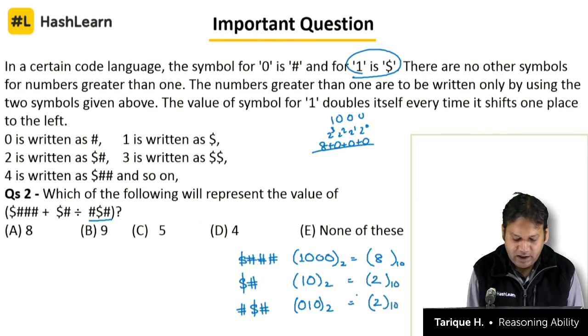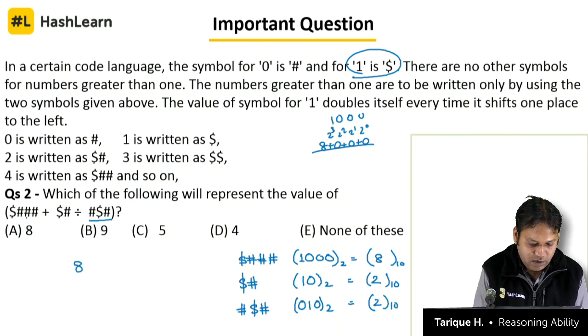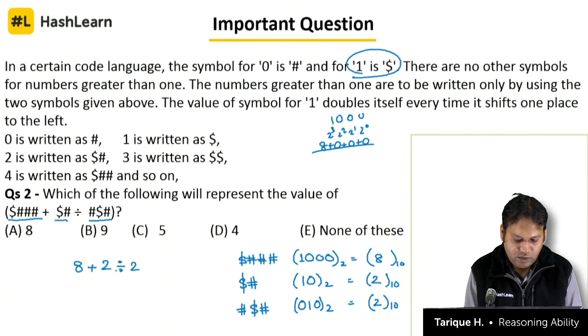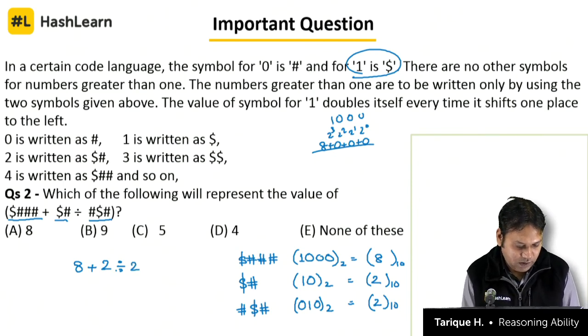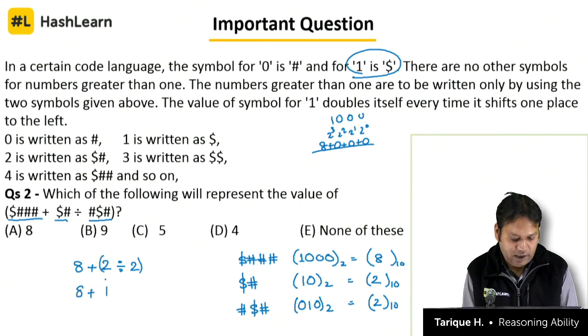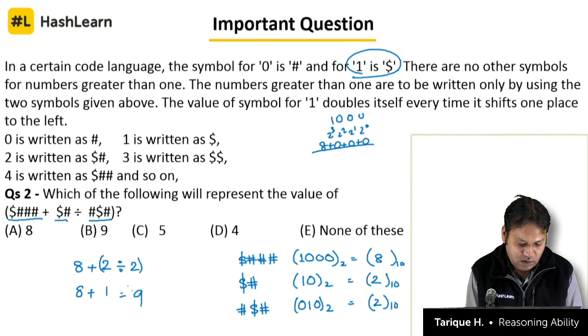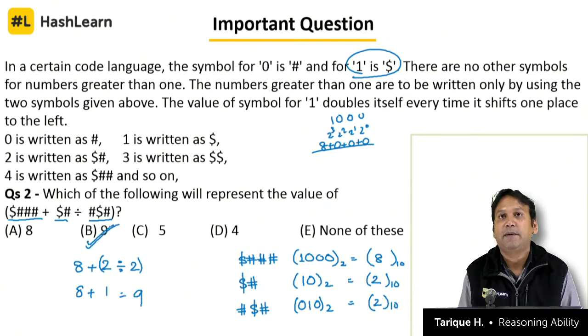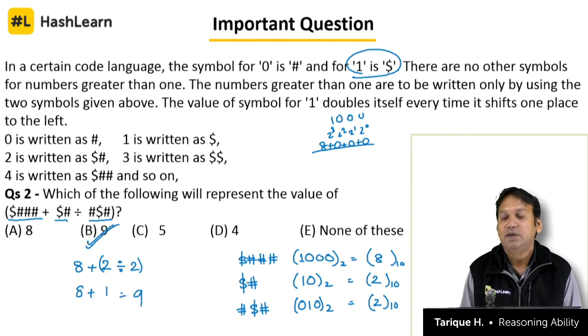So what we are getting here is 8 plus 2 divided by 2. Division is done before addition, so that's 8 plus 1, and 8 plus 1 is equal to 9. So the answer will be 9. Clear? That's how you do this question.